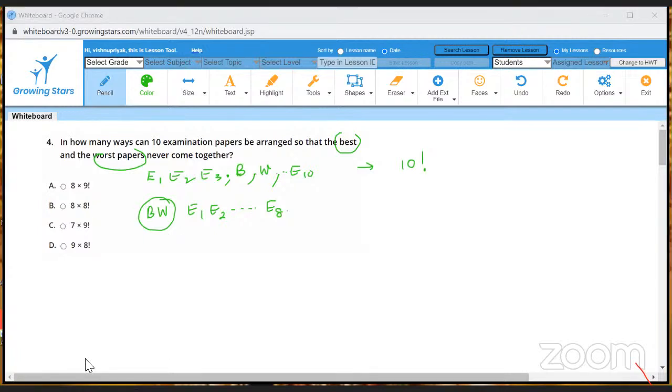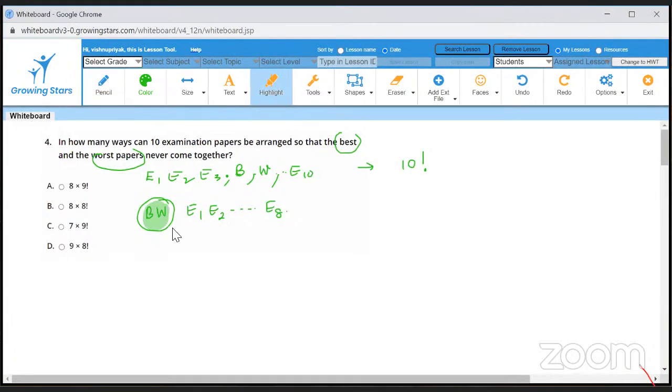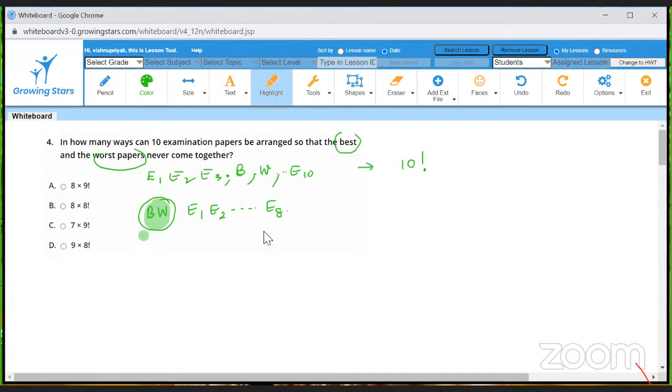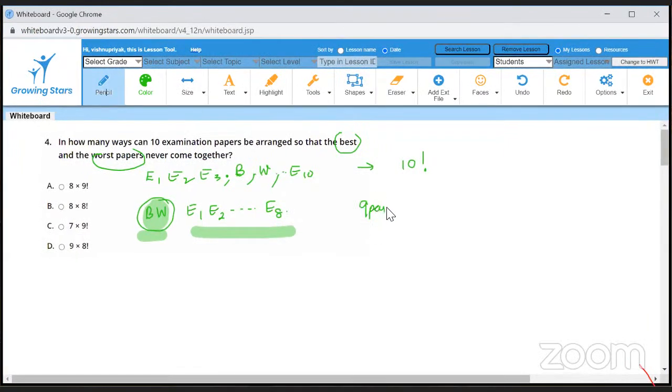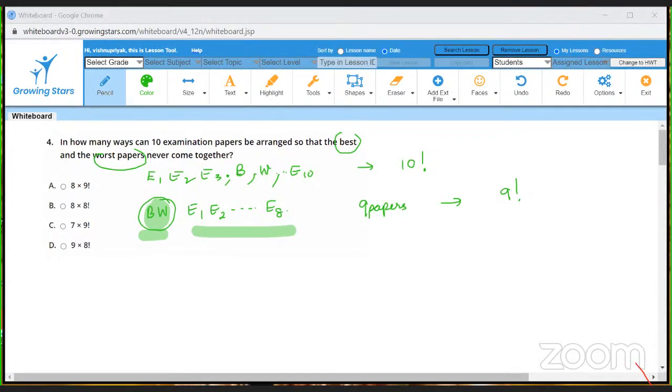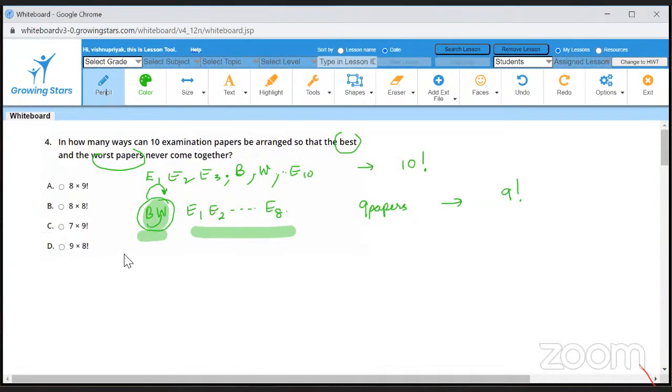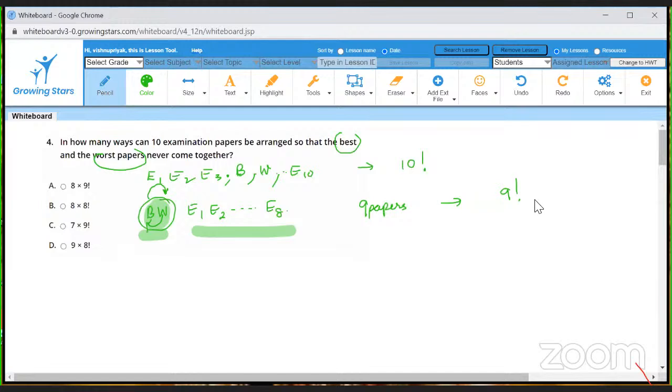But we can count this as together one bundle, one group. So 1 and 8, total 9 papers are there. Imagine 9 papers are there and they can be arranged in 9 factorial ways. But in this arrangement, best and worst can exchange. They can rearrange in 2 factorial ways.